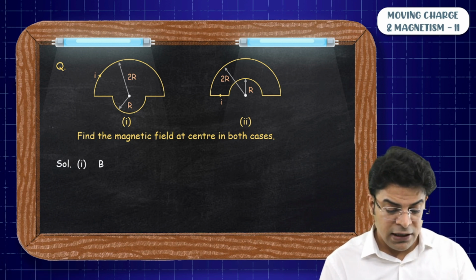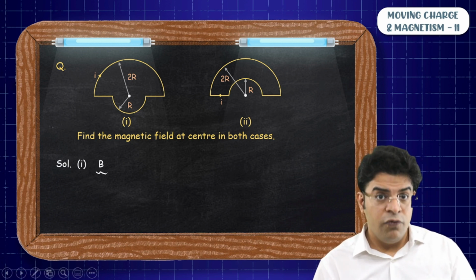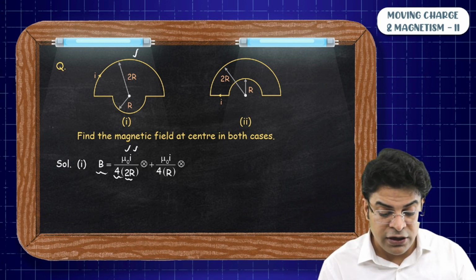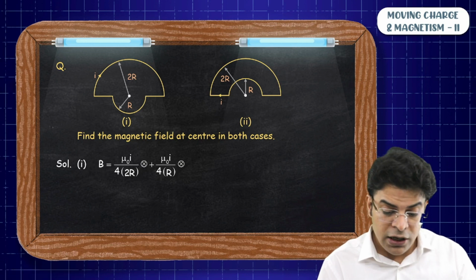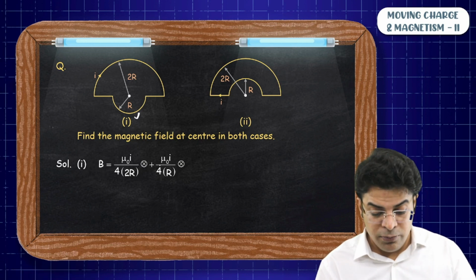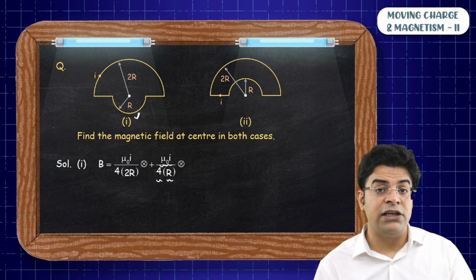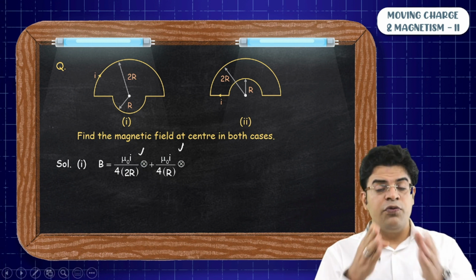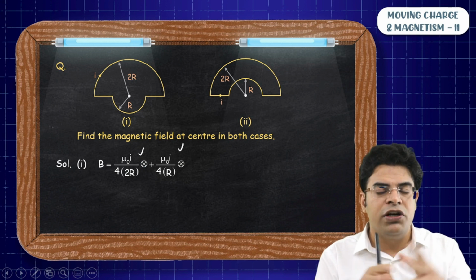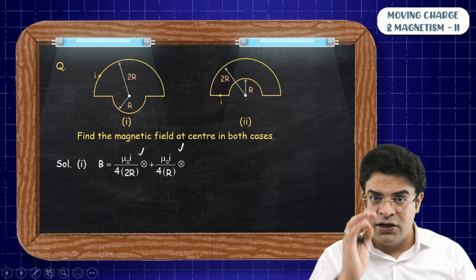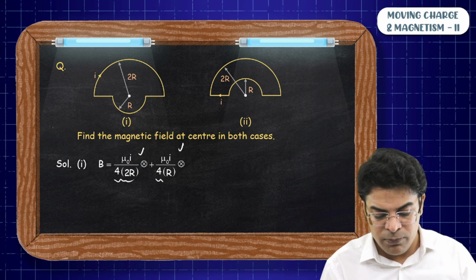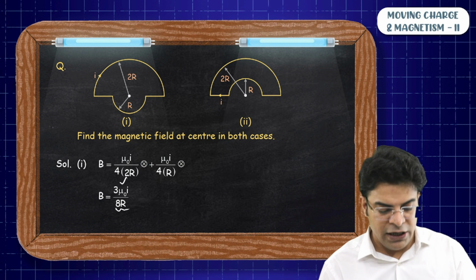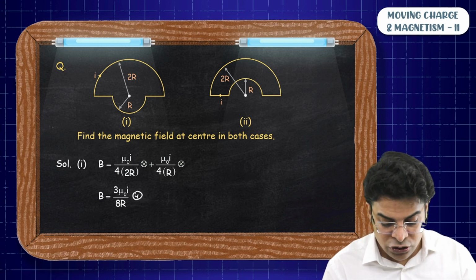So the strength of magnetic field due to the bigger semicircle will be mu naught I by 4 times 2r, and due to the smaller semicircle it will be mu naught I by 4 times r. Since both of them produce the field in the same direction, and field is a vector quantity, you will simply add it up. The result comes out to be mu naught I by 8r plus mu naught I by 4r, that is nothing but 3 mu naught I by 8r. Easy to do, and the direction has to be inwards.